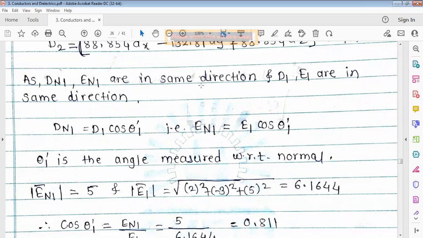Therefore, from that figure we can write these Dn1 and En1 components.